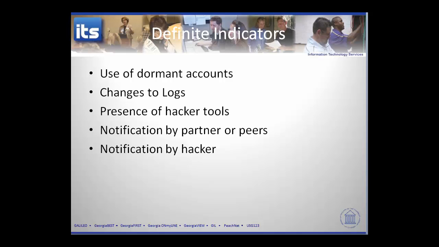Presence of hacker tools on your computer, notification by a partner or peer that you're attacking them, and notification by the hacker themselves are also definite indicators. So as you're looking at intrusion response, these are definite indicators that you've got an attack underway and that you're going to need to take some action.